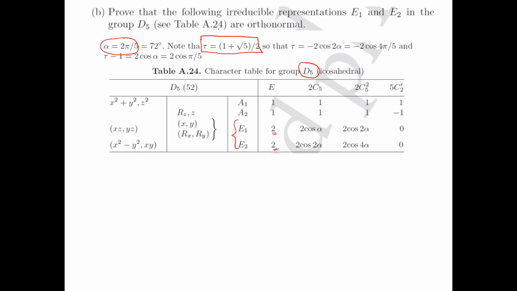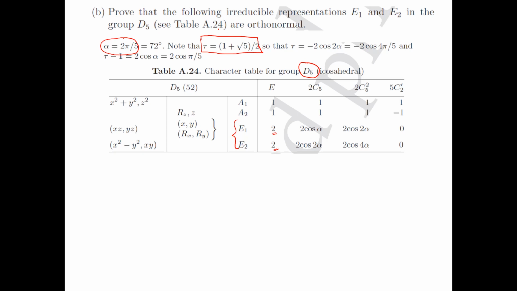So in any case, let's work out this example. It's just another possibility to work with the properties of character tables. So we have to prove that these 2 irreducible representations are orthonormal.